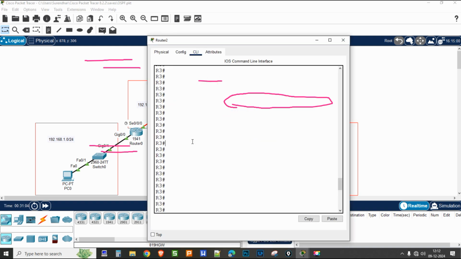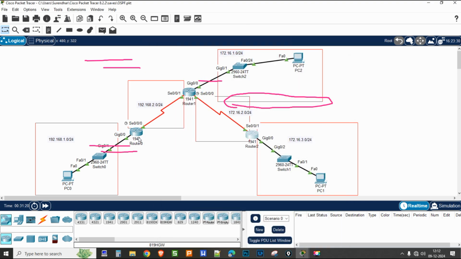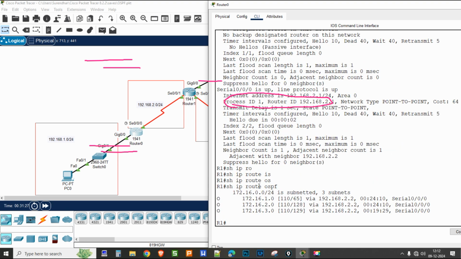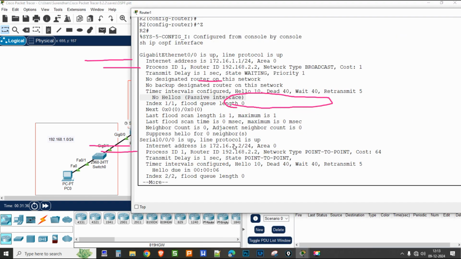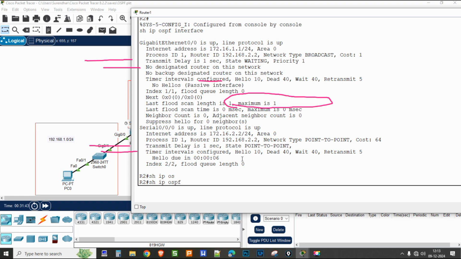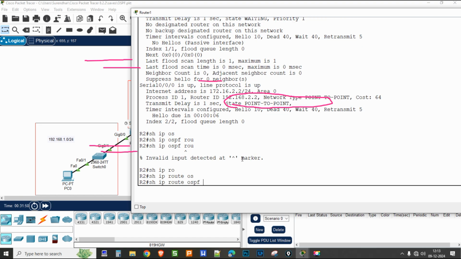Last but not least, enable. You can choose show IP route OSPF and view what other interfaces are advertised in the OSPF protocol. So, show IP route OSPF.